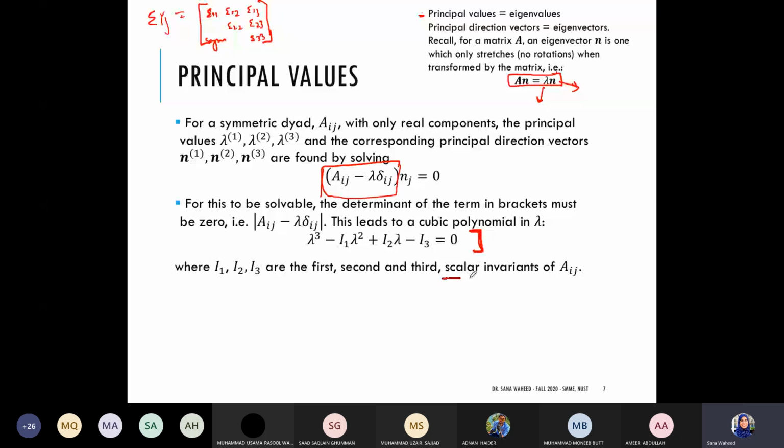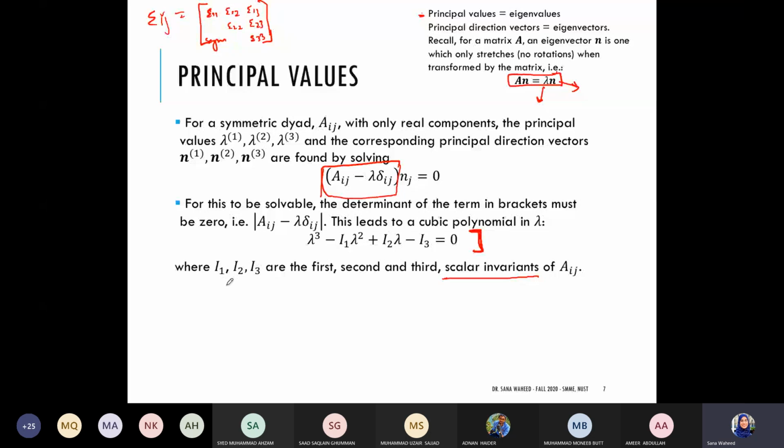I1 is the first scalar invariant, I2 is the second scalar invariant, and I3 is the third scalar invariant. In 99% of maths, continuum mechanics and mechanical engineering literature, you will find them represented by I.